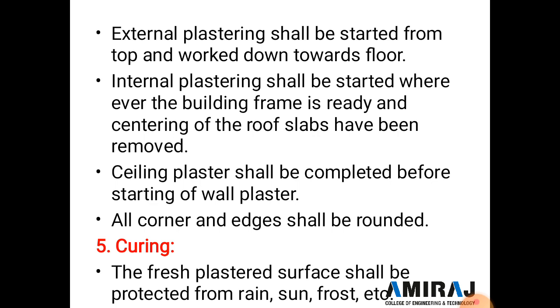The ceiling plaster shall be completed before starting the wall plaster. At all corners and edges should be rounded, so no right angle corner is created, because it is easy to break. It is compulsory that all corners and edges shall be rounded.